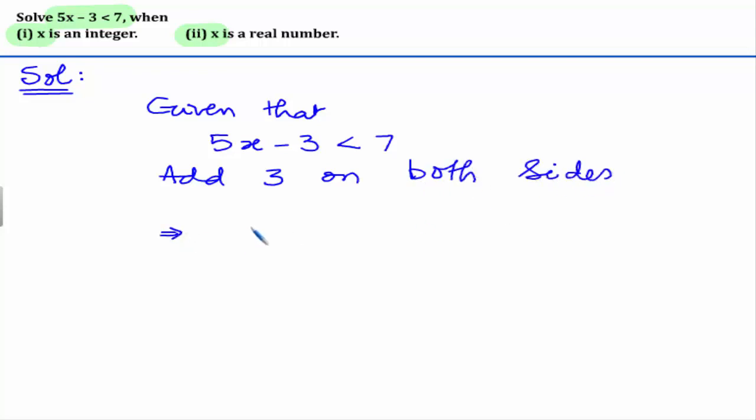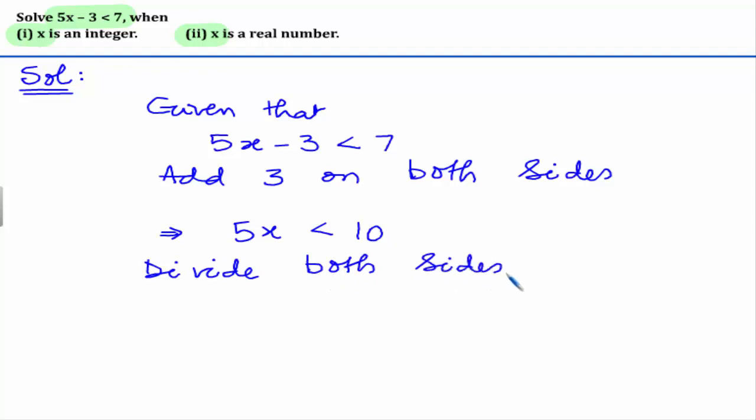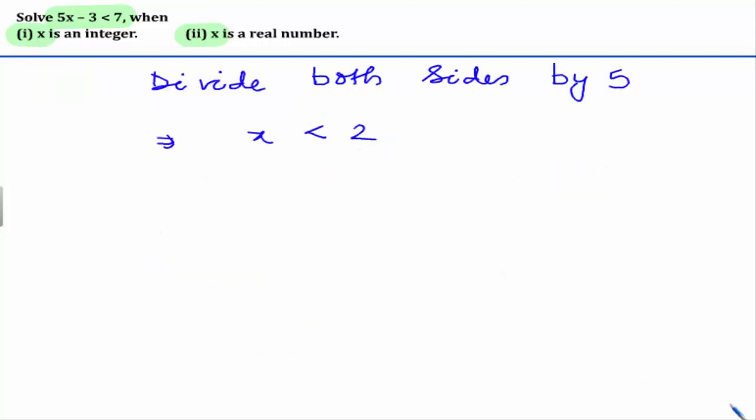Then we get 5x < 7 + 3 is 10, and let us divide both sides by 5. Then we get x < 2.